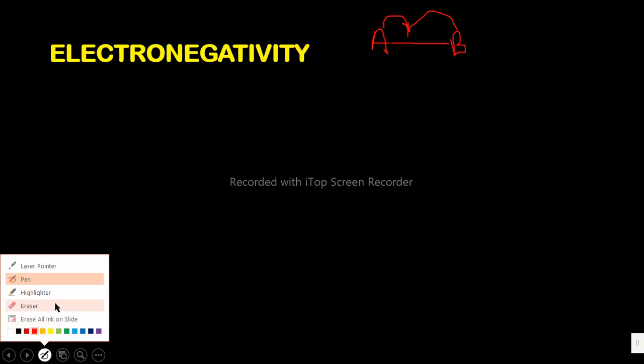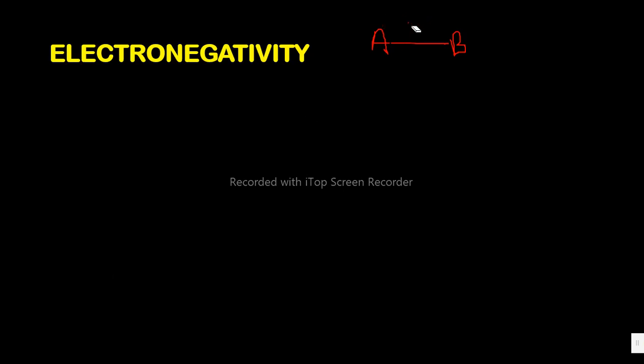Now, these atoms have different sizes and so different affinities for the bonding electrons. One atom is greedy for the electrons, it has too much greed for the electrons.